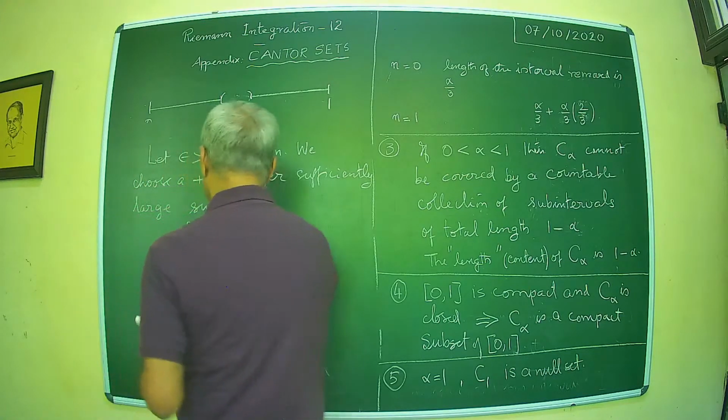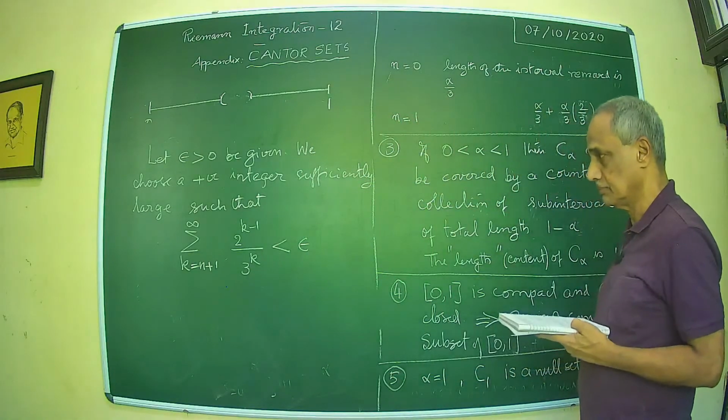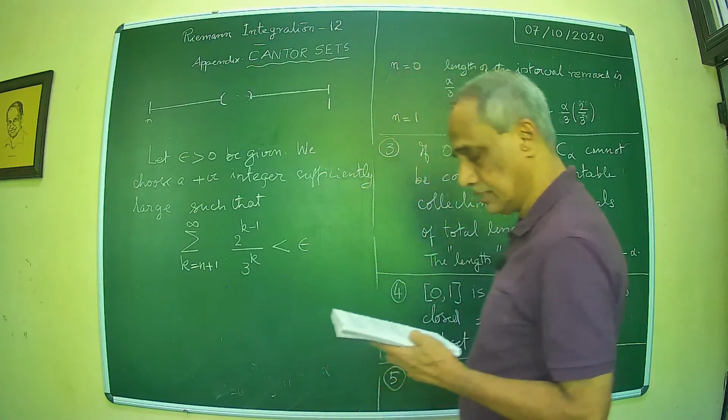This is the tail of the series that we are looking at. So the tail of the series is kept less than epsilon.